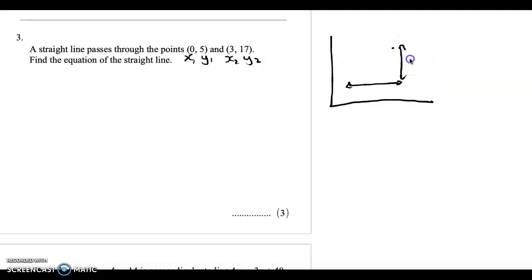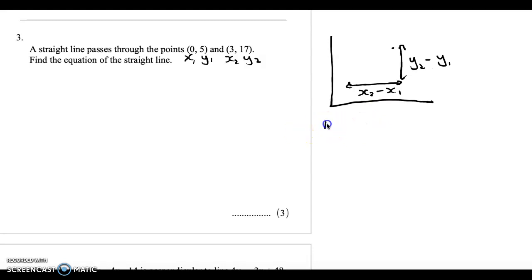So this would be y2 minus y1, and this would be x2 minus x1. You can do it the other way around, but you have to be consistent. So if you do x1 minus x2, this has to be y1 minus y2. If you get them mixed up, you won't get the same answer.